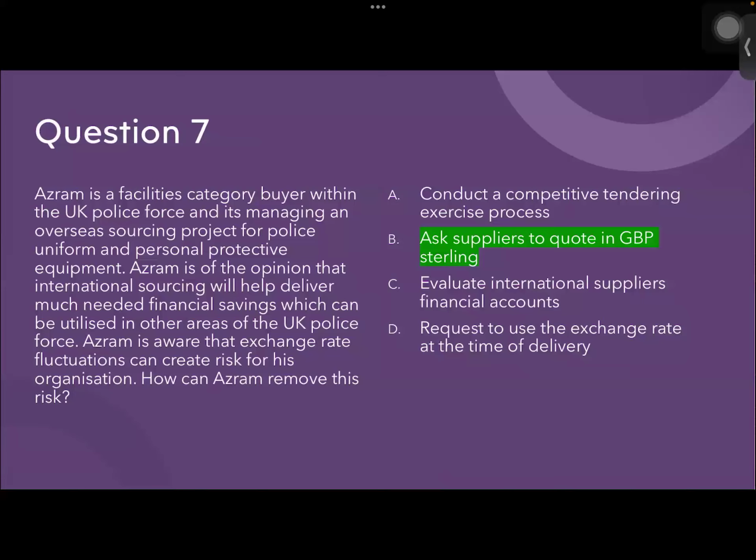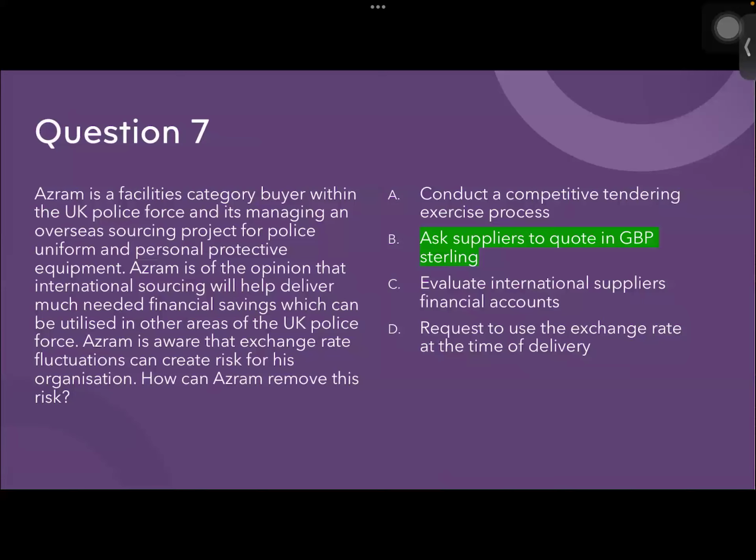With D, request to use the exchange rate at the time of delivery, we can also call it using the spot price at the time of delivery. It means that the exchange rate here is not fixed, and we just let it fluctuate until the product is delivered, and that goes against the purpose of Ashram.